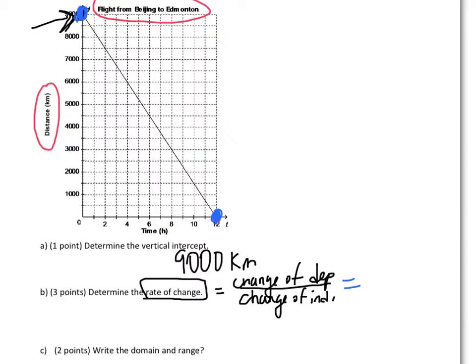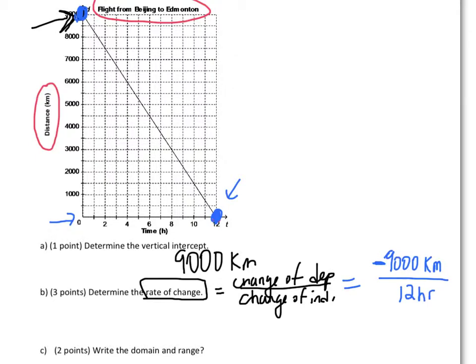The dependent variable is the distance. This goes down by 9,000 kilometers. Now it's very important that we say it goes down by 9,000. It started at 9,000 and it ends here at 0 kilometers away from Edmonton. The independent variable, well, that changed by 12 hours.